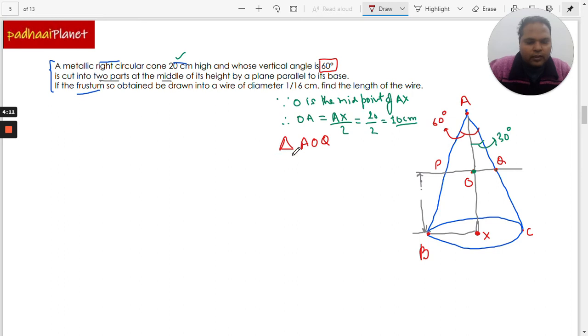Here, if we consider tan 30 degrees, we already know that for tan, it's always opposite over adjacent.